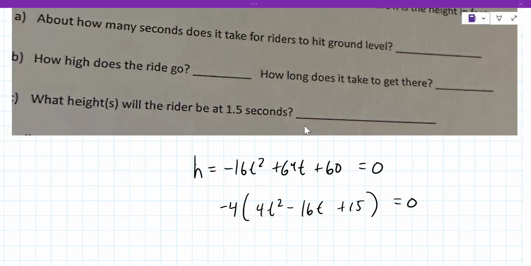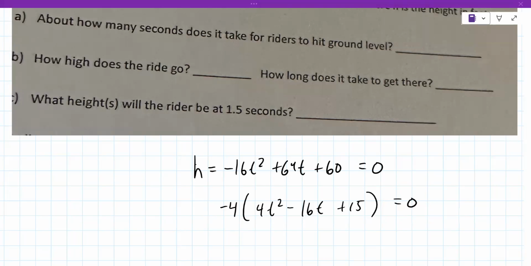So 16 plus or minus the square root of 16, over 8. Then 16 plus 4 gives 20 over 8, and 20 over 8 is the only one that works. So I've got 2.5 seconds.